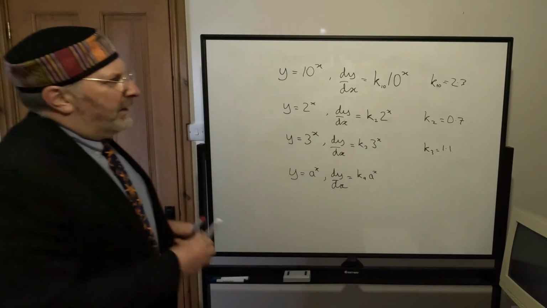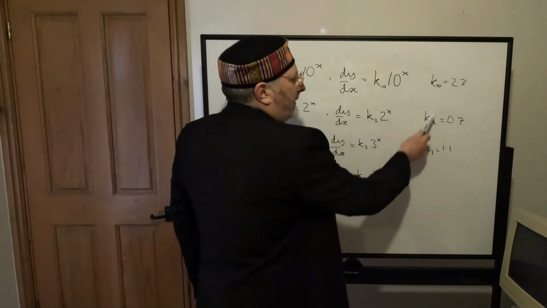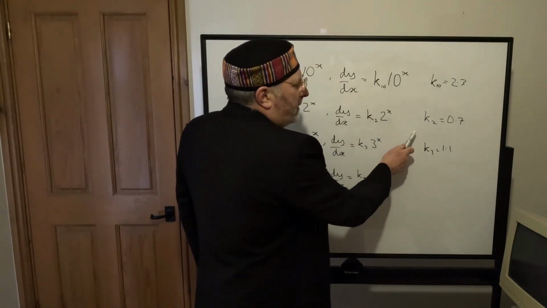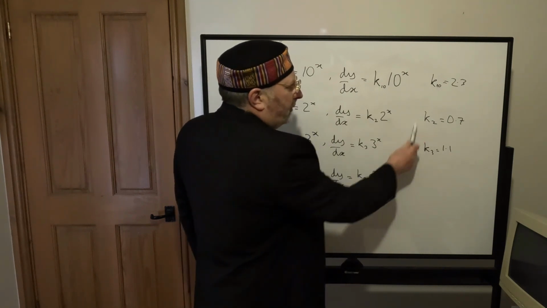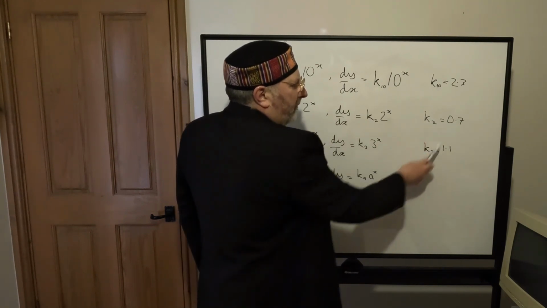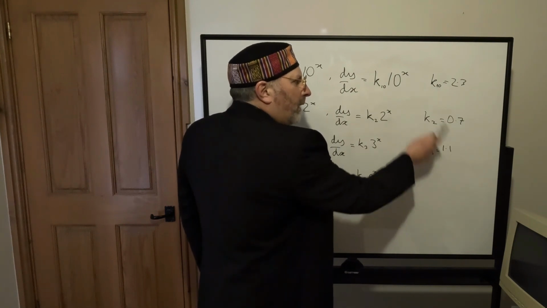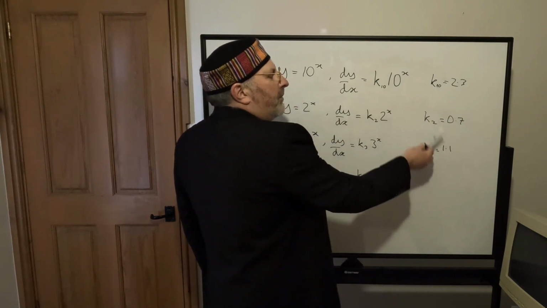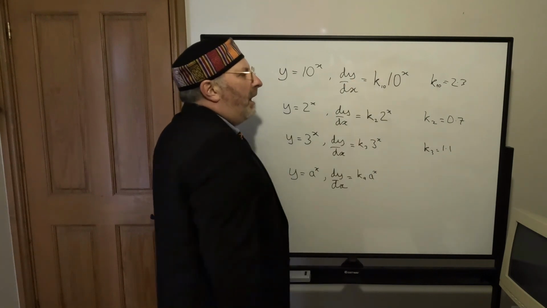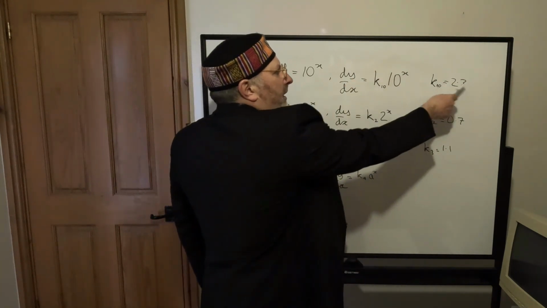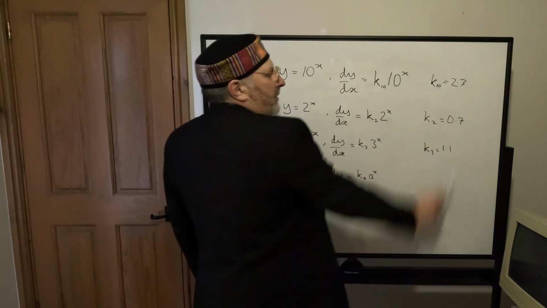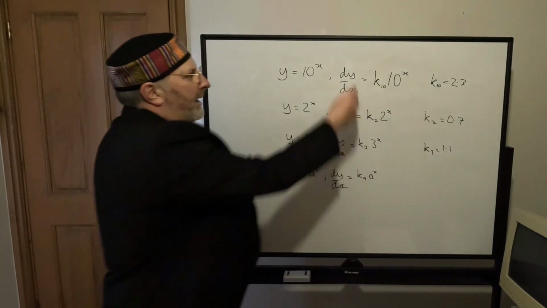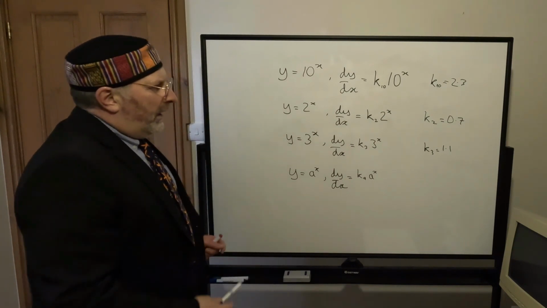And when we look at these values, k10, k2 and k3, we can see that the larger a, the larger the constant. So when it's 2, it's 0.7, when it's 3, it's gone up to 1.1, and when it's 10, it's gone up to 2.3. And we'd find that the larger the base of the exponent, the larger this value k when we find the derivative.